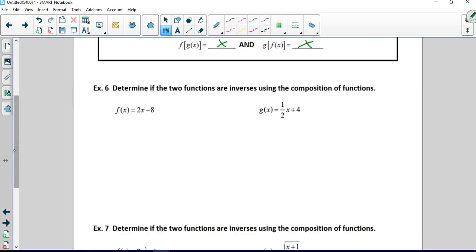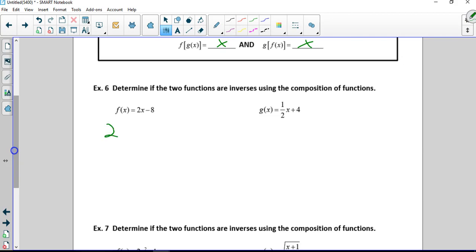We could follow the steps that we just did. Rewrite y equals 2x minus 8, switch the position, solve. And if you did that, see if you end up with 1/2 x plus 4. And we could do the same thing with this and see if we end up with 2x minus 8. That is one way to do it. But we're also going to try plugging them into each other.